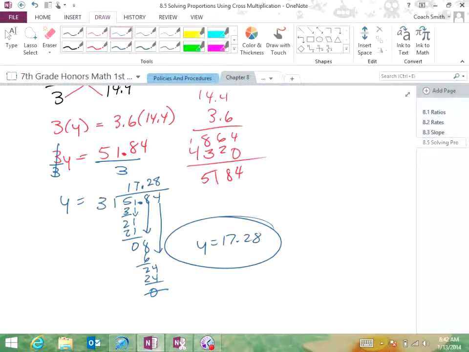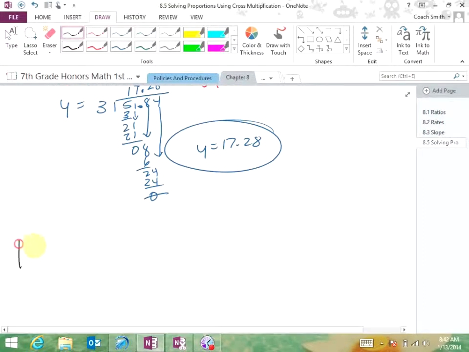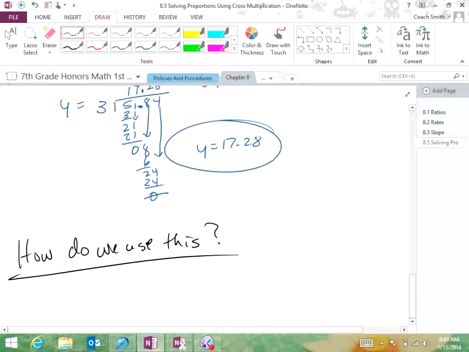Okay? Now, the question is how do we use this? Well, probably in everyday life, proportions are used more than just about any type of math.